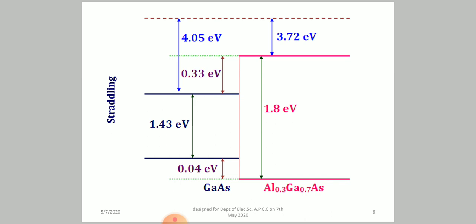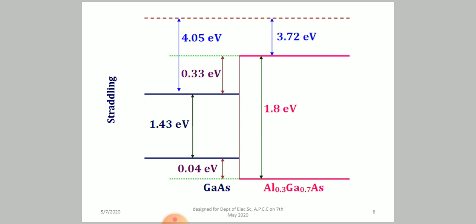Again comes the band gap. The band gap of GaAs is 1.43 and for AlGaAs, take here 1.8. So what is the difference? 0.37. Now again recall this picture. The difference of the electron affinity is nothing but the difference of the conduction band.